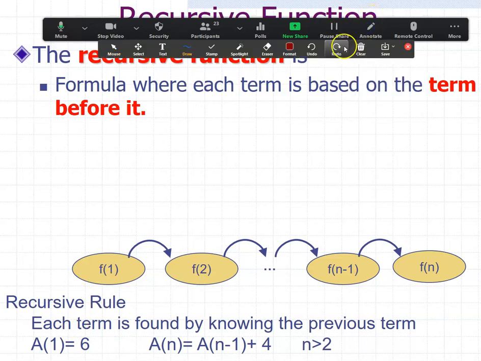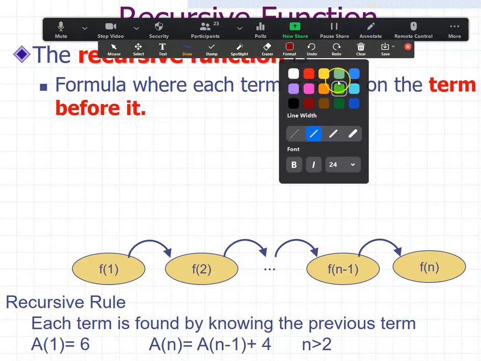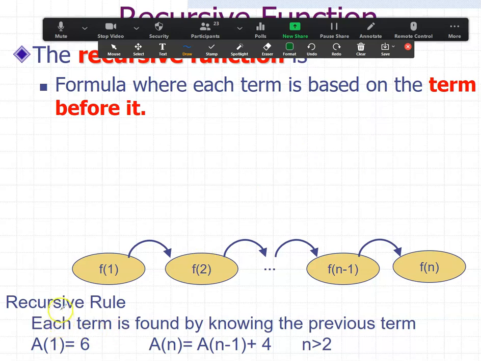Here on the bottom, it says recursive rule. Each term is found by knowing the previous term. And I forgot a little equal to here. This says the first term of the sequence is 6. So this would be 6. This is your rule right here.